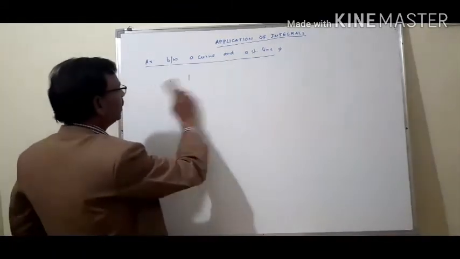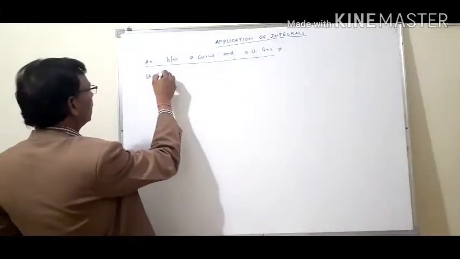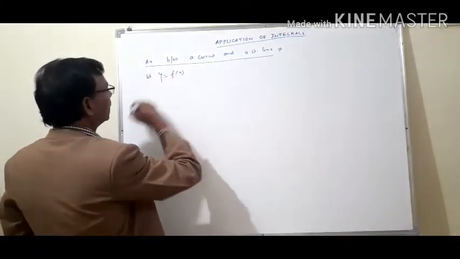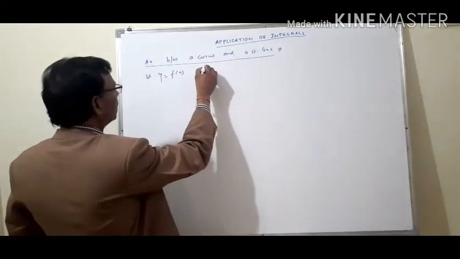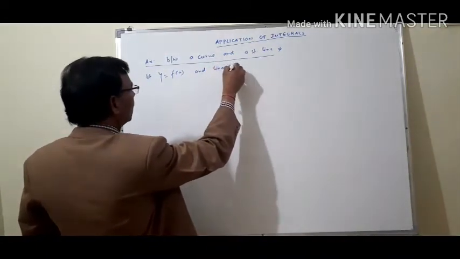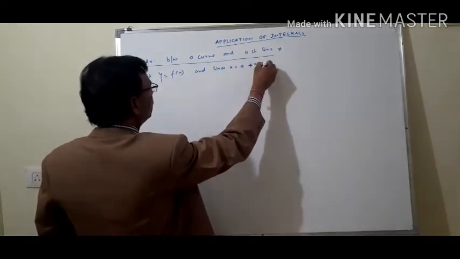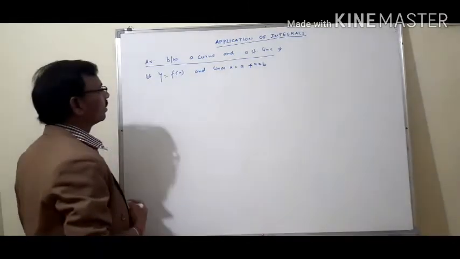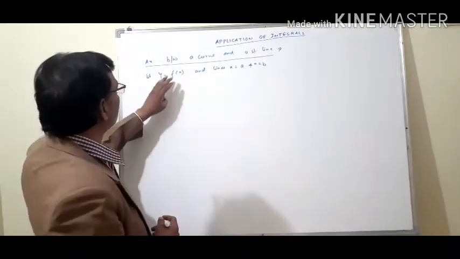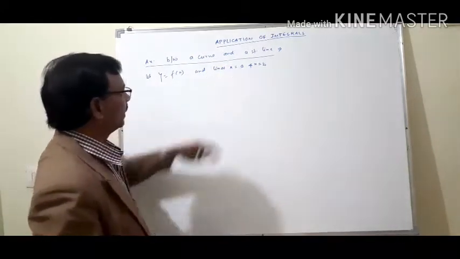Suppose we take y equal to f of x as a curve, and the lines x equal to a and x equal to b are given. So how do we find the area bounded by this curve and the given lines?